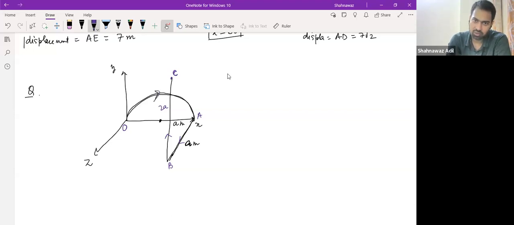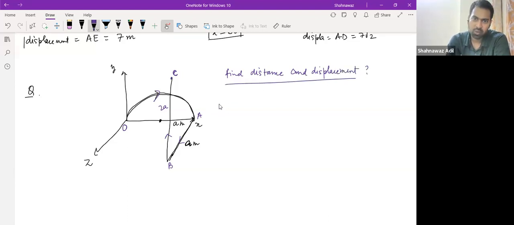Then the question is that we have to find the distance and displacement. First, let us find out the distance.